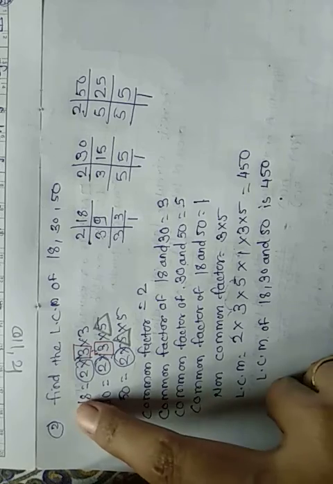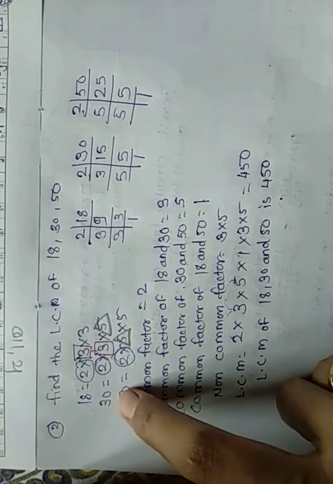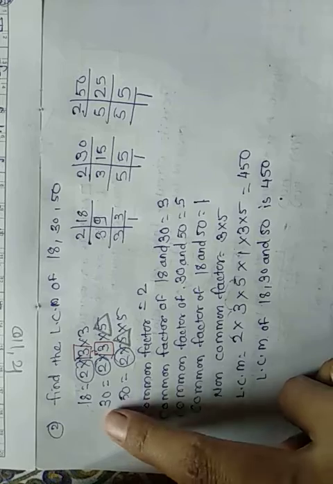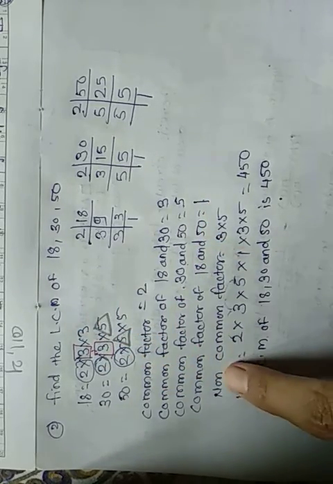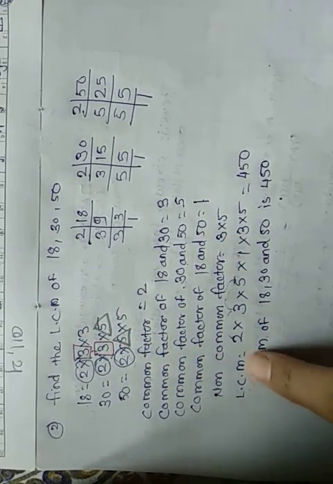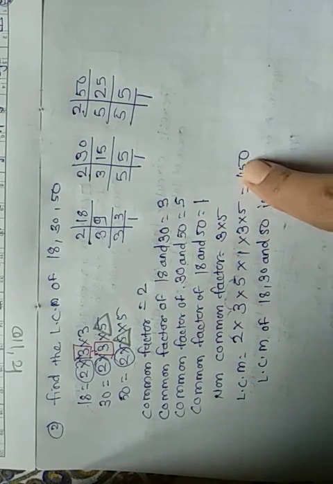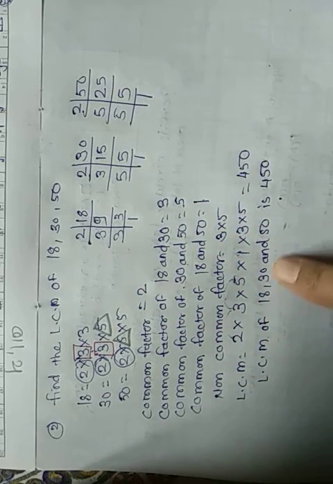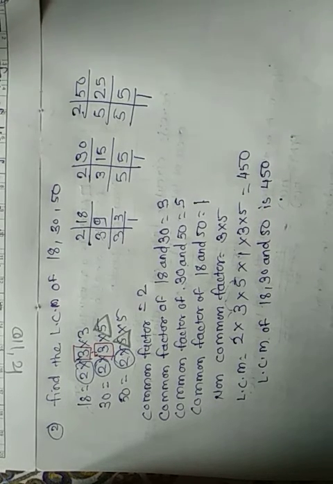Common factor of 18 and 50: there is no common factor now because 2 is over, so write down 1. The remaining factors are the non-common factors. LCM means the product of all these numbers. So the LCM of 18, 30 and 50 is 450.